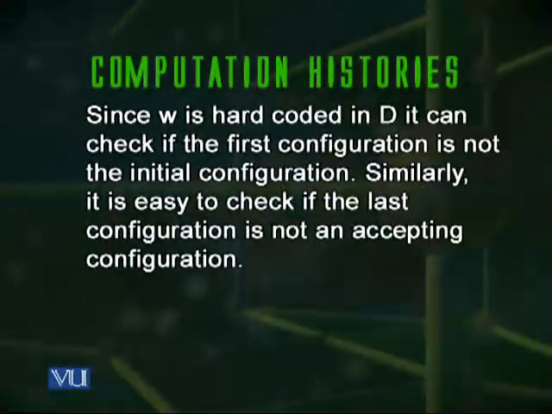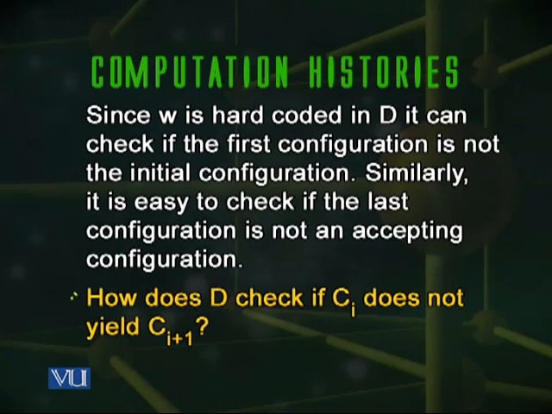We will hardcode W in D, therefore it can check if the first configuration is not the initial configuration. Similarly, it is very easy for a PDA to check if an accepting state does not occur in the last configuration. On the other hand, how can a PDA D check if CI does not yield CI plus 1?